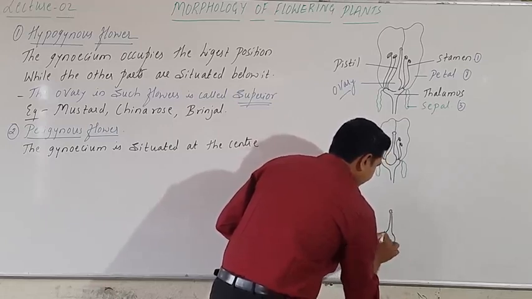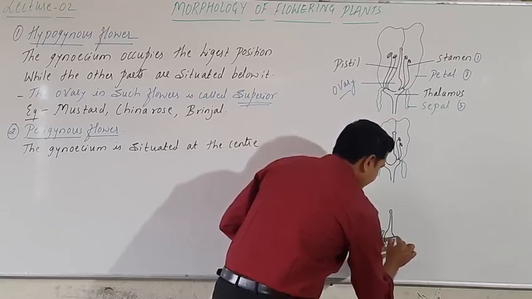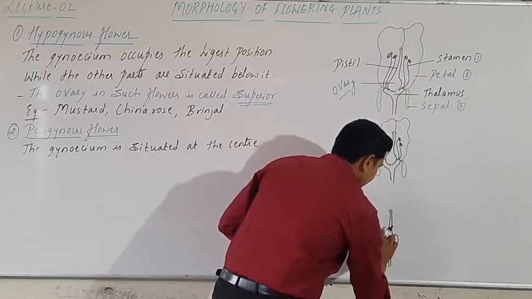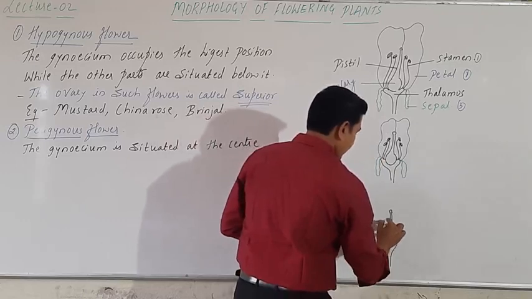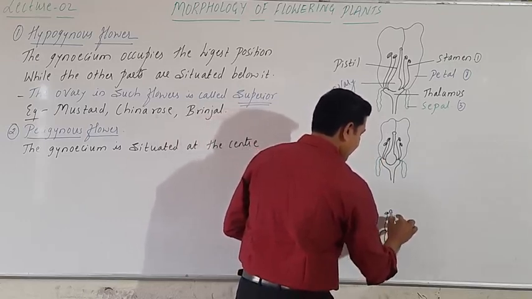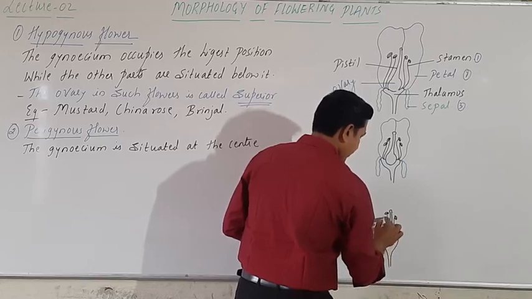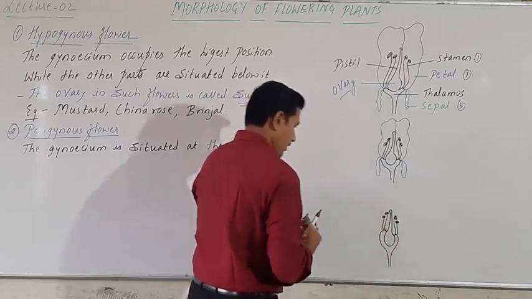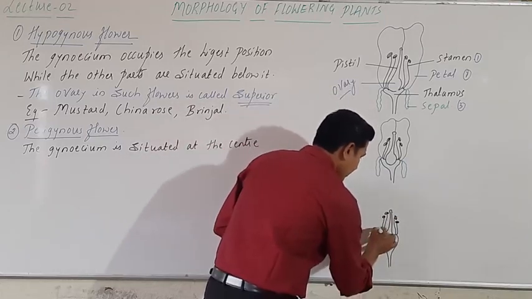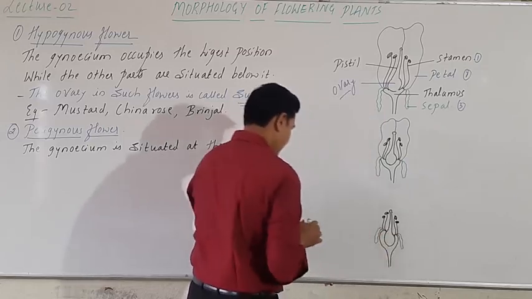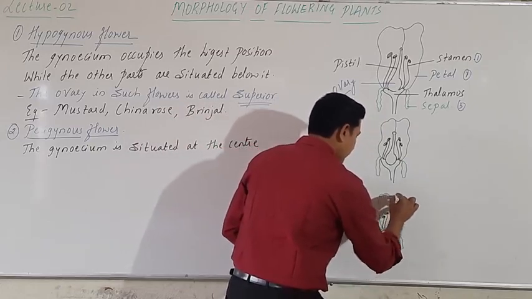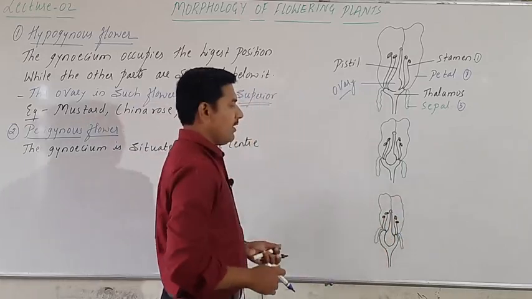Now here we have the thalamus, and on the lower side here we have the sepals, then followed by the petals.